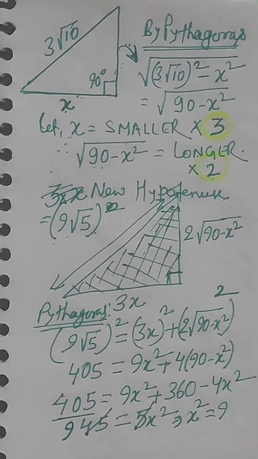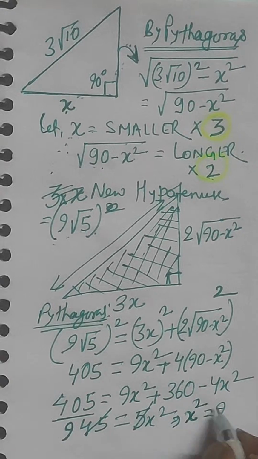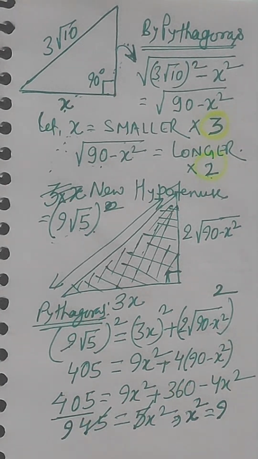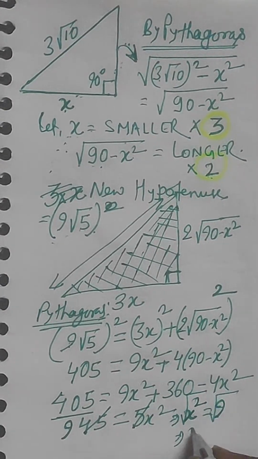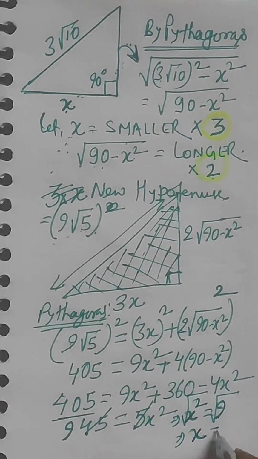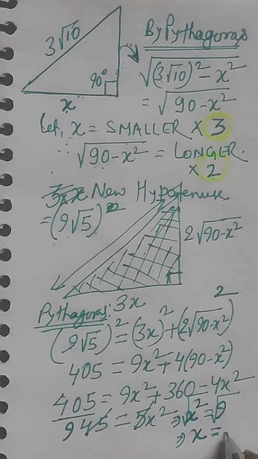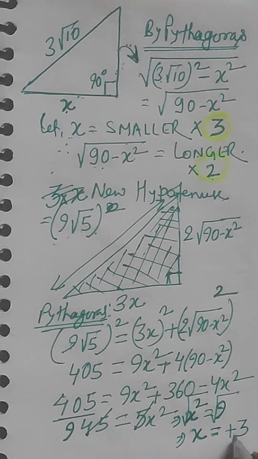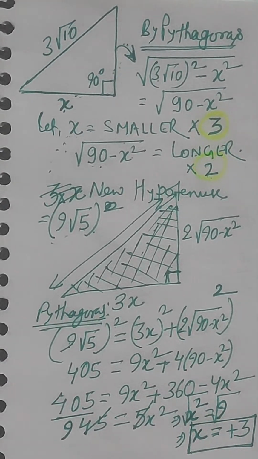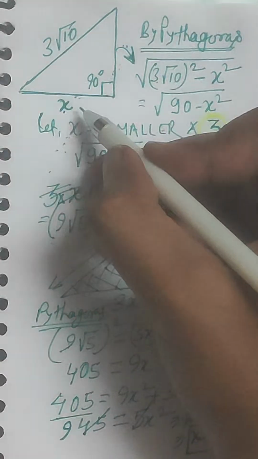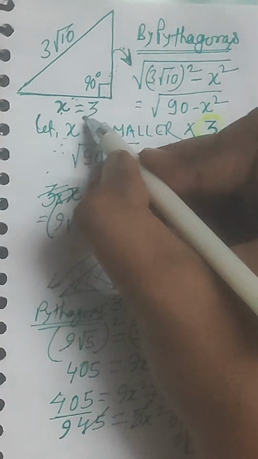If x square is 9, then when you take the root, the value of x will be plus 3 or minus 3. The length cannot be negative, so the length of this side will be plus 3. So one of the smaller sides is calculated, that is 3 centimeter.